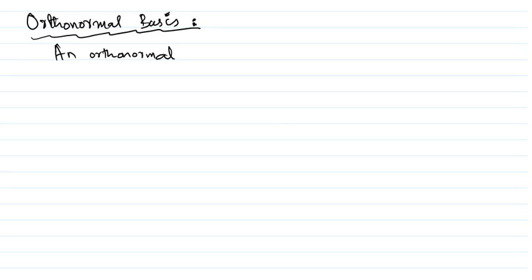It may be countable, it may be infinite, it may be uncountable also. So an orthonormal set which is indexed by this u alpha. So this is the set. If it's a finite set, it will be u1, u2 up to un. If it's countably infinite, then it will be u1, u2, and so on and so forth. If it is uncountable, then you will write it like this, u alpha.